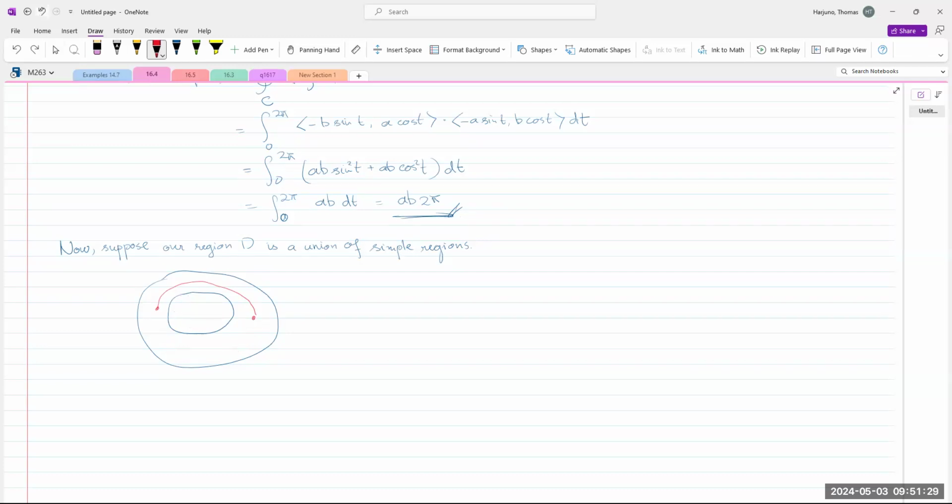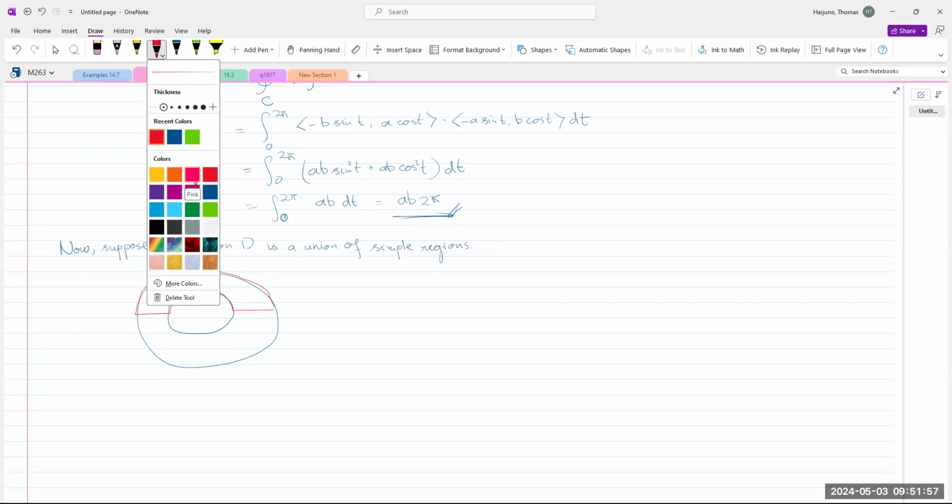However, even though this region is not simple, we can break this region up in a way such that it looks like a union of simple regions. So you break it up into this kind of region here. Let's say this is the first region, and this is the second region. Let me use a different color. Maybe I use the green one.